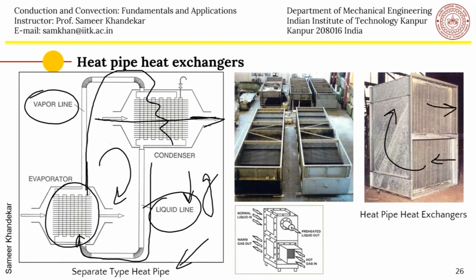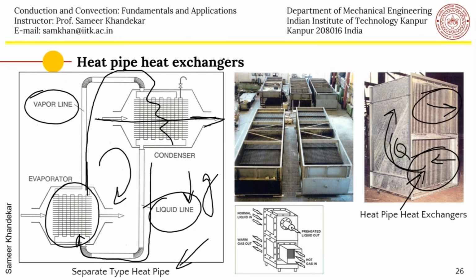This is one example where a heat pipe heat exchanger has been used at this location here, and you can see hot air coming in and then the cold air becoming hot. The heat recovery systems for district heating have been employed in an industrial application. These are for power plants.